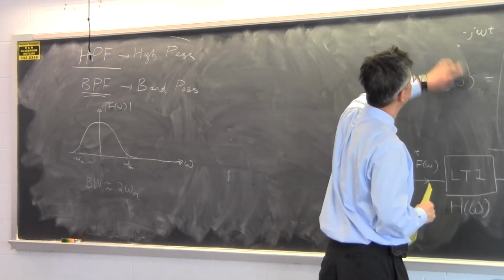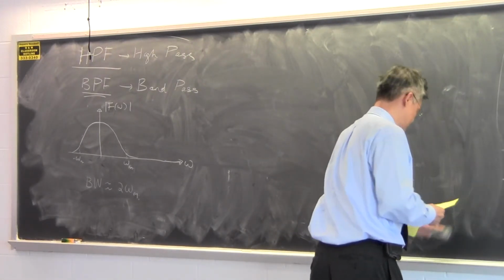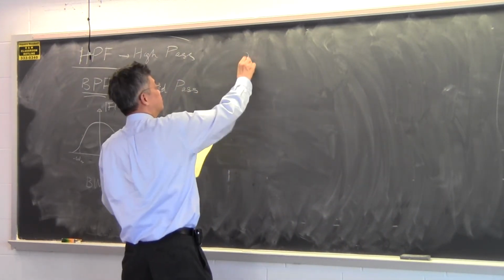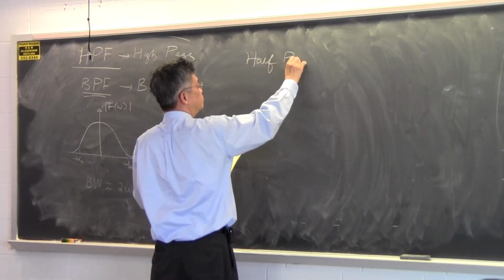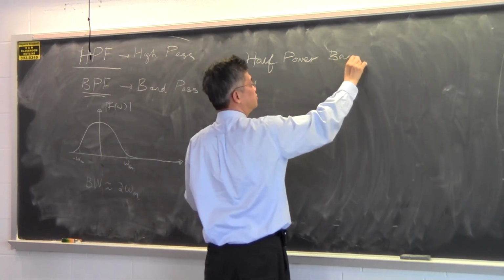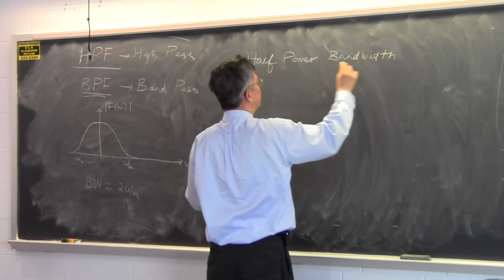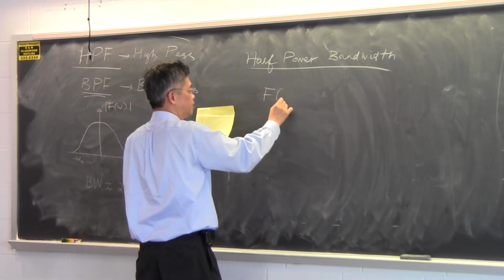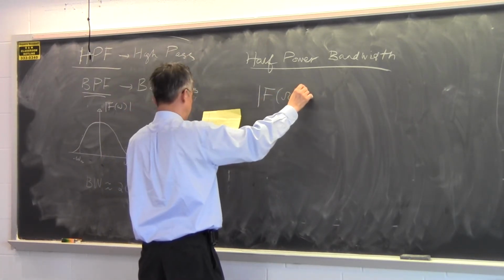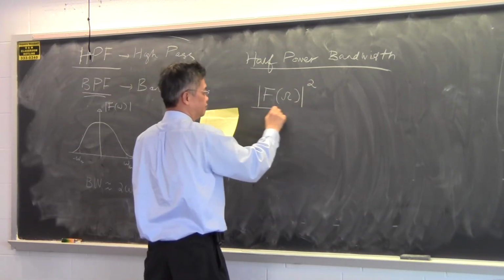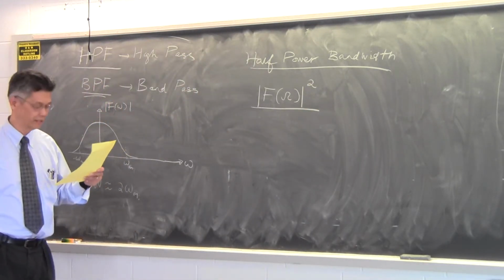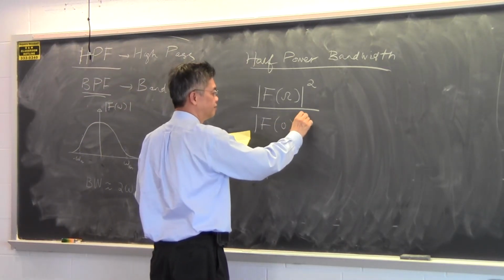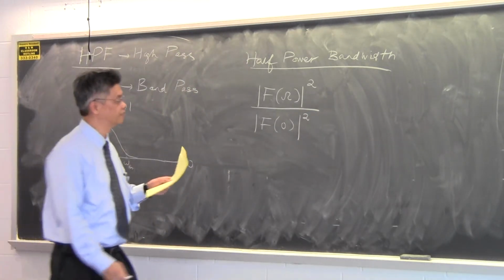A more precise way to define bandwidth. Okay? So one is called a half power bandwidth. And that bandwidth is defined to be a frequency omega such that the square of this signal at omega over the square of this Fourier transform at the DC value is equal to half.